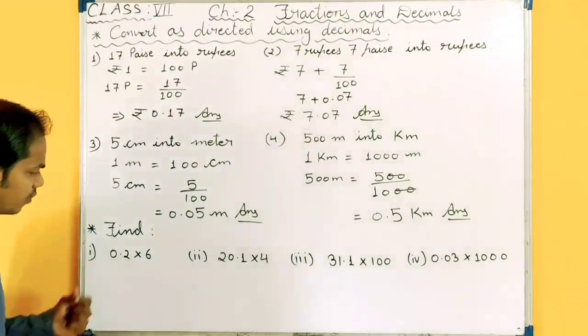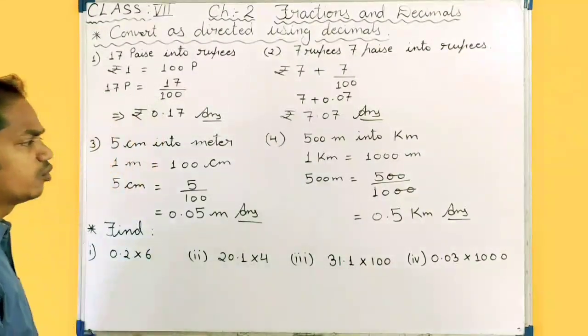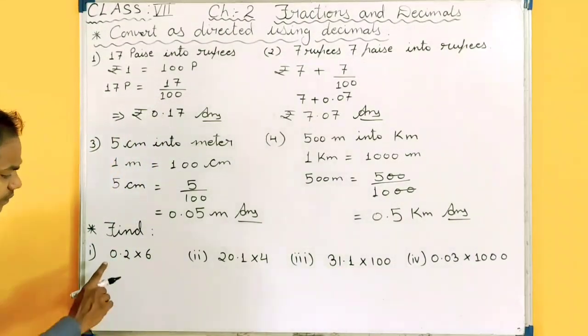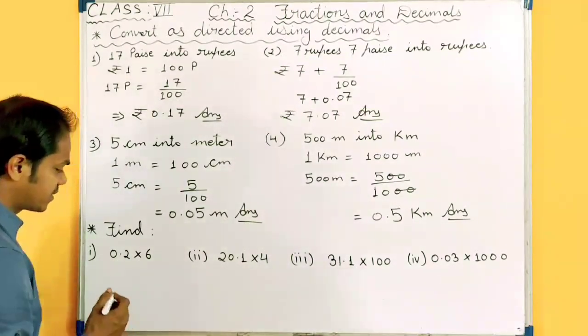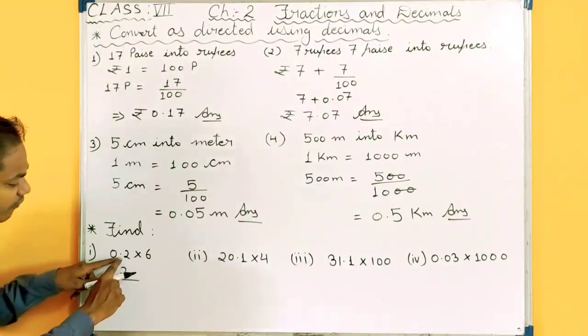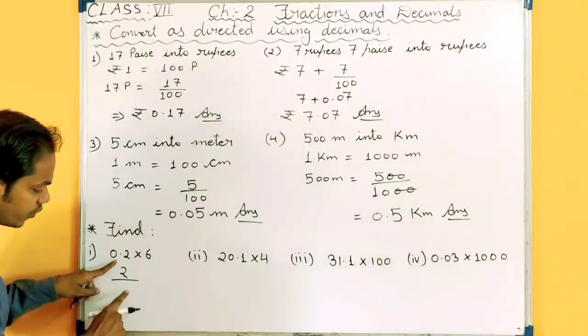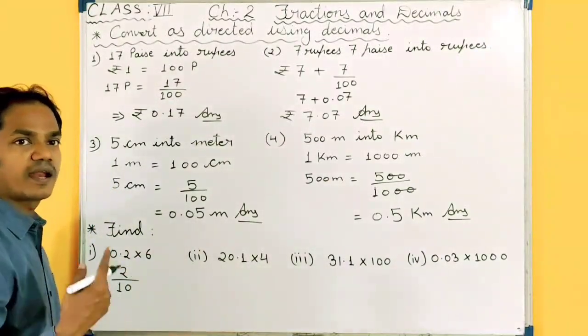Okay. Now second is multiplication. Very easy multiplication. You can multiply it directly also. 0.2 multiply by 6. Two methods are there. First, 0.2. After point only single value. So in denominator I will write 10. If you get 2 values you will write 100.